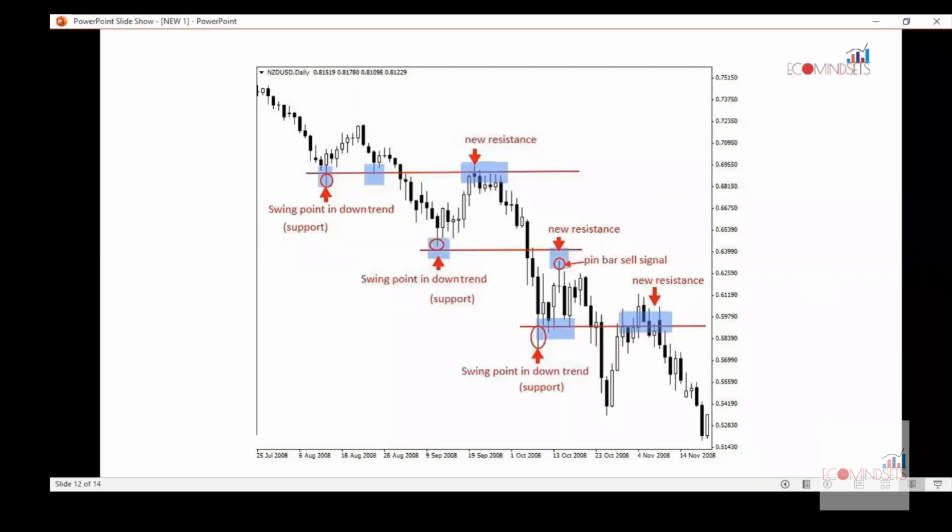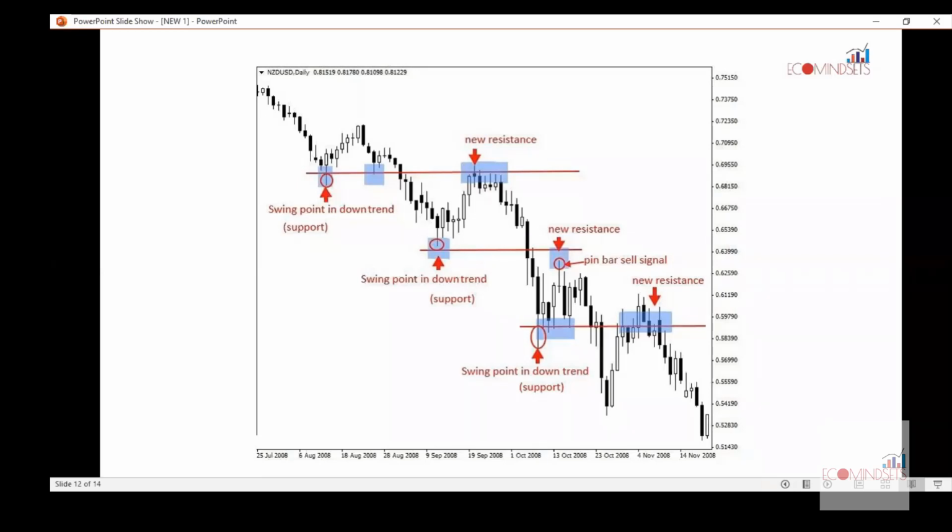Now this is the same thing that happens. As I was telling you from the previous call, we have what we call the resistance levels and the support levels. I was talking to you about support turning resistance and resistance turning support, and you can see this happening based on the swing points, the swing lows and the swing highs, as a result of change of trend.